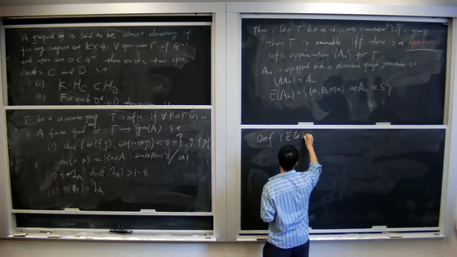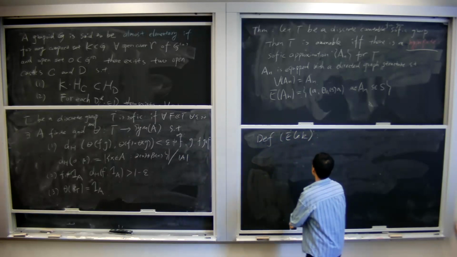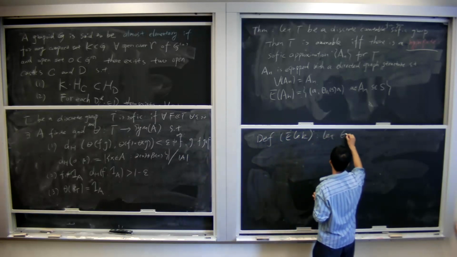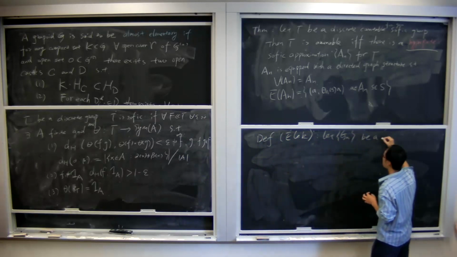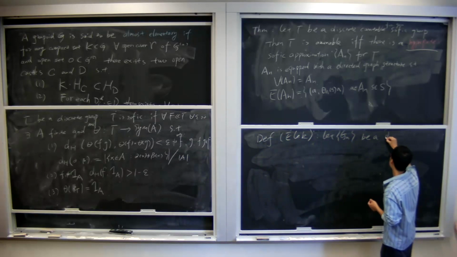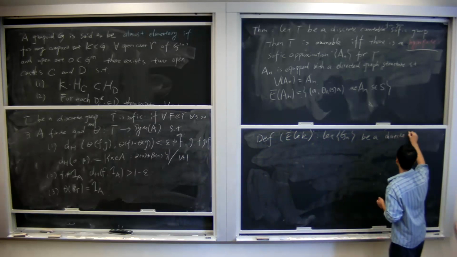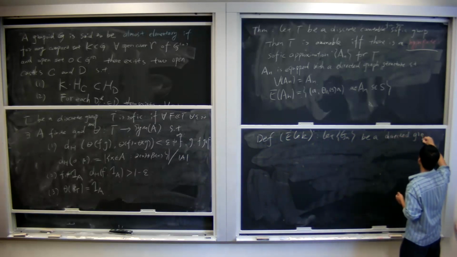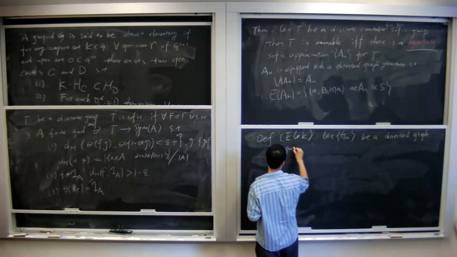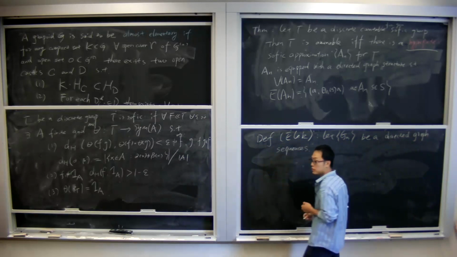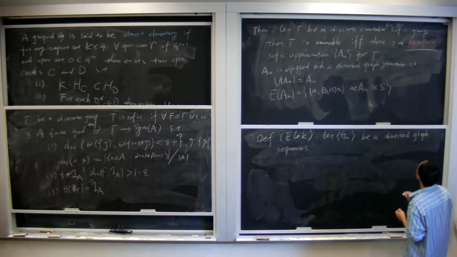This is due to Elek. So let G_n be a sequence of directed graphs.